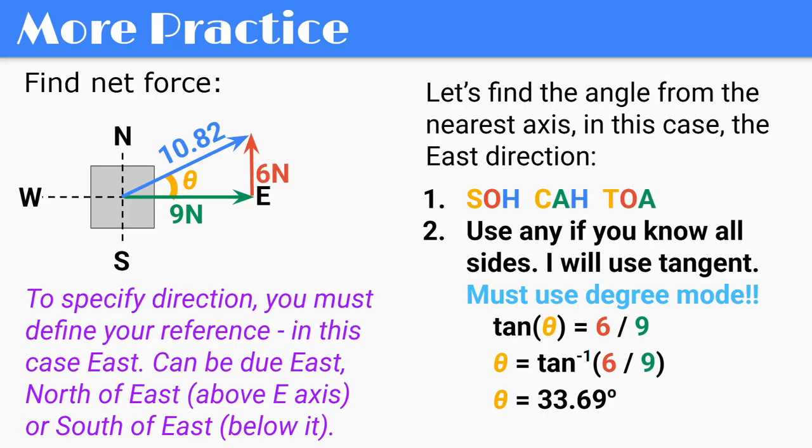But this time, instead of calling it the horizontal, I'm going to call it east because it's the east line. Because it's above the east line, we're going to call it north of east, because those are the directions I have on my screen. It is on the north side of east. If it was below it, it would be on the south side of east. So I'm going to call this angle 33.69 degrees north of east.